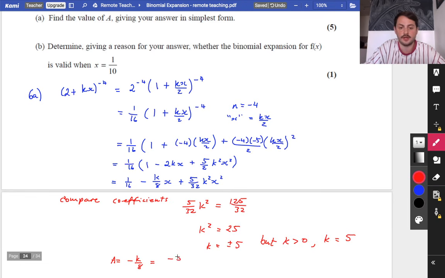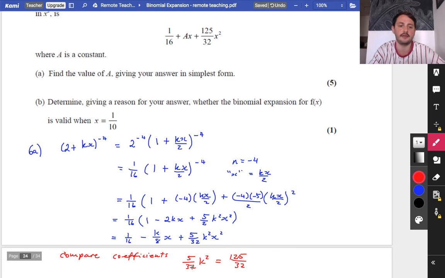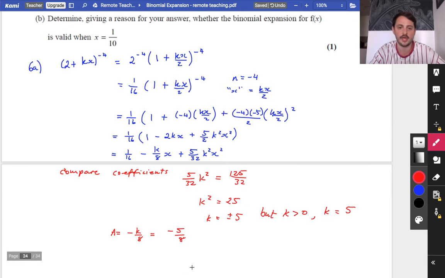So it's minus 5 over 8. Okay. Found out the value of a. Determine, giving a reason for your answer, whether the expansion is valid when x equals a tenth. Okay, well, we did the expansion on 1 plus, now k is 5, 1 plus 5 over 2 x to the power of minus 4.